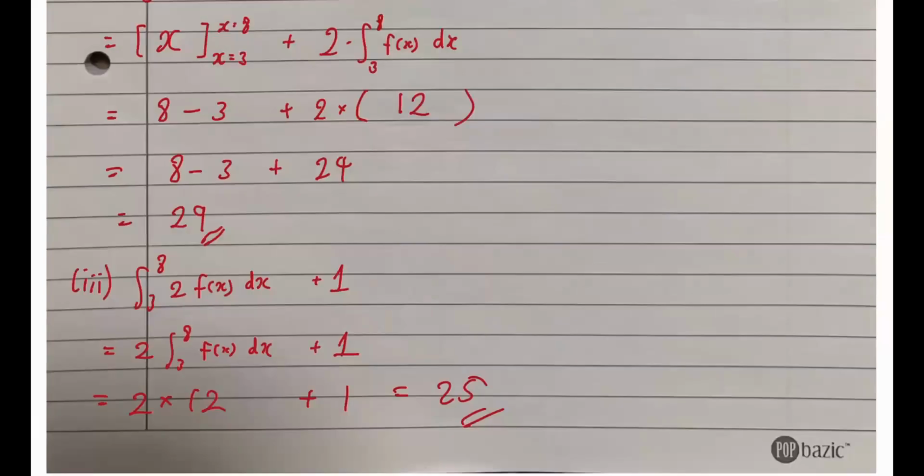Find also the value of the constant m for which, this is extra, the integral from 3 to 8 of [f(x) minus mx] dx equals 0. Let me write it neatly. So just follow the rules. You see plus or minus, what do you do?